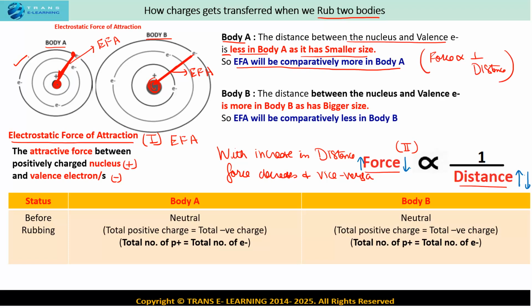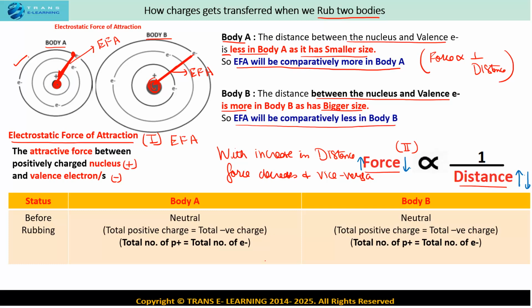While if you see body B, in this case the distance between the nucleus and the valence electron is comparatively more as it has a bigger size. So the electrostatic force of attraction will be comparatively less in body B because the force is inversely proportional to the distance.